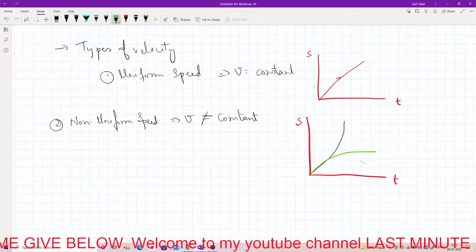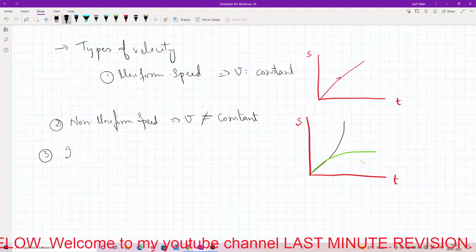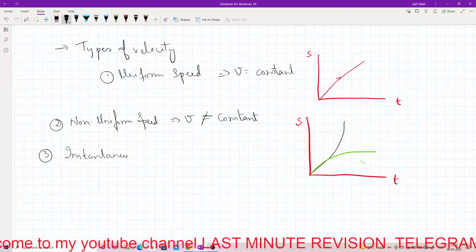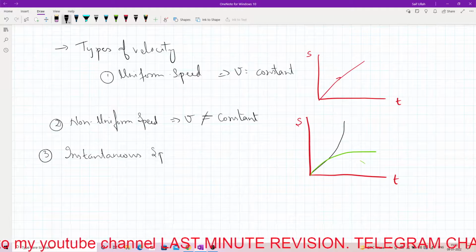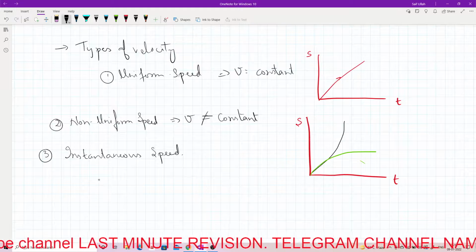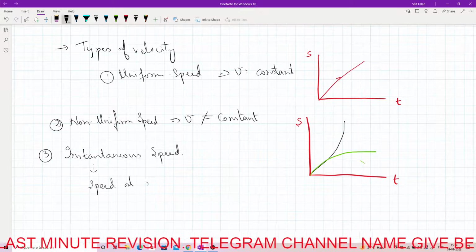Now the third type of speed is instantaneous speed. It is something where you find speed at an instant, speed at any instant.